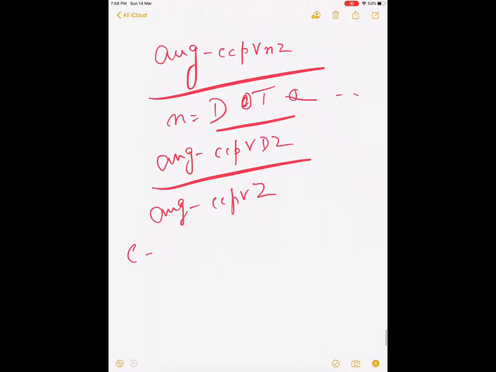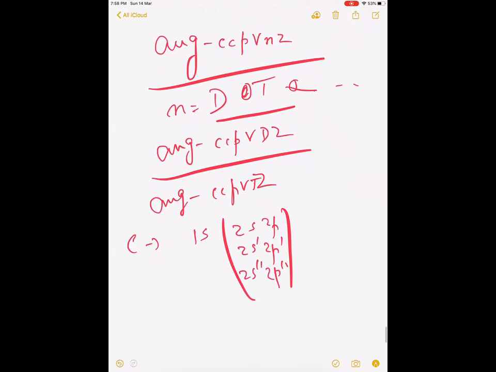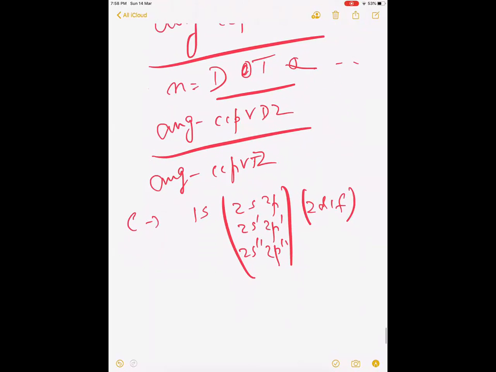So how many are there in carbon? It's a triple zeta, CCPV-TZ, sorry. So carbon has 1s, 2s, 2p, 2s prime, 2p prime, 2s double prime, 2p double prime. So that's a triple zeta valence. Then, since it's a triple zeta, I'll have 2 sets of angular momentum, and that will become my 2D, 1F. Correct?